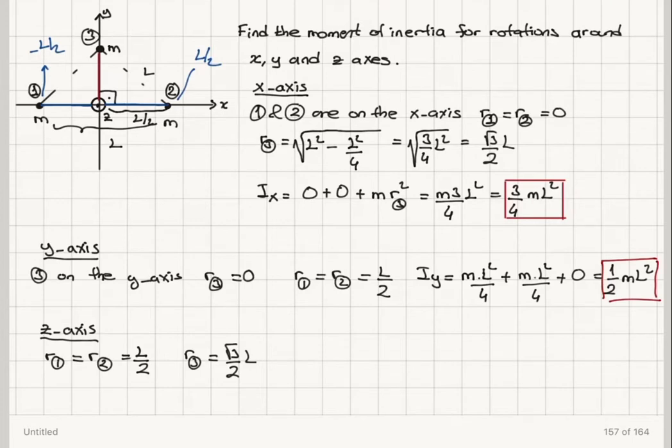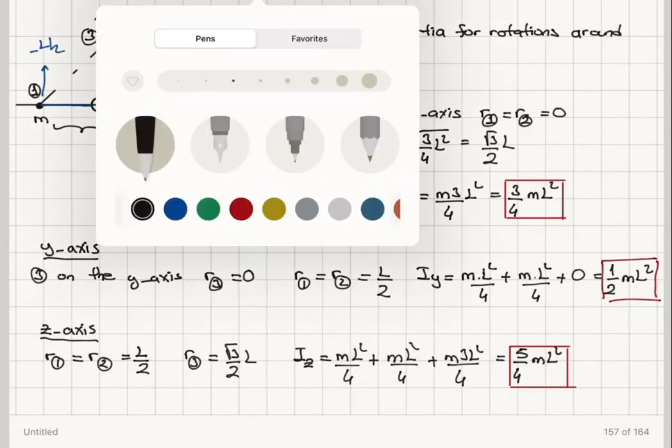It's the same distance to the x-axis and z-axis in this case. So the moment of inertia for rotations about the z-axis will be ml squared over 4 for particle 1, ml squared over 4 for particle 2, and m 3 l squared over 4 for particle 3. So this is going to give me a total of 5 over 4 ml squared. So this will be my answer to this part.